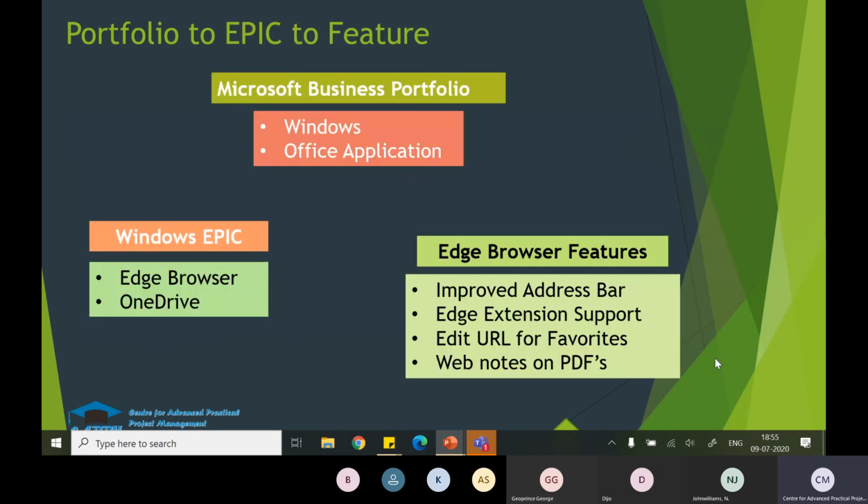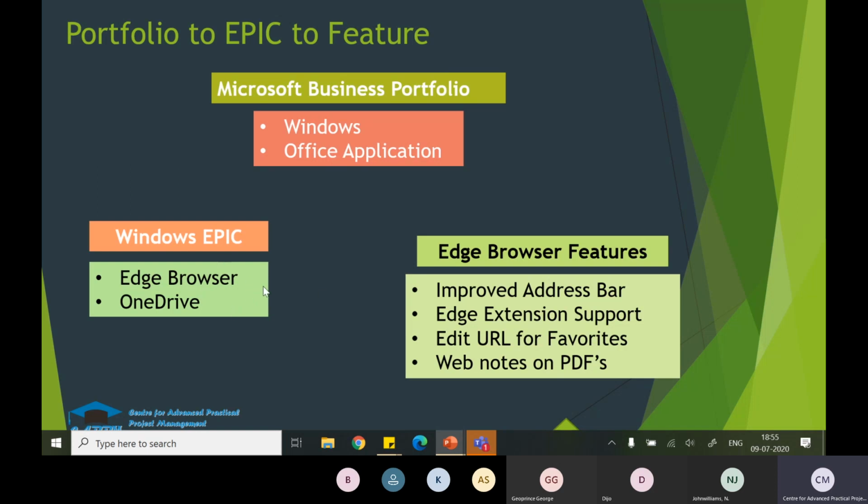So here is a simple example of how the portfolio is broken down to EPIC and EPIC to feature. If you see the Microsoft business portfolio, they have Windows and Office application. So Windows is an EPIC and Office application is another EPIC. If you take the Windows EPIC, that is further broken down into EPICs: the Edge browser and OneDrive.